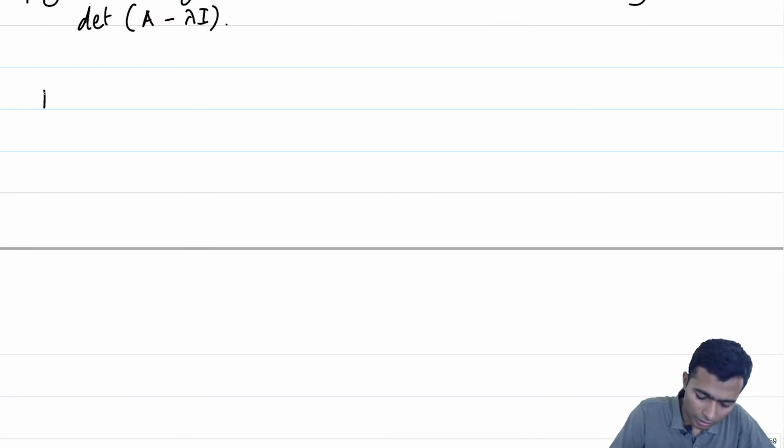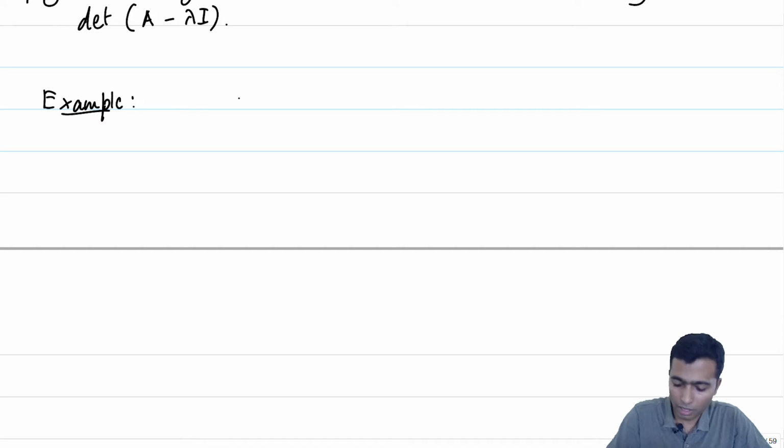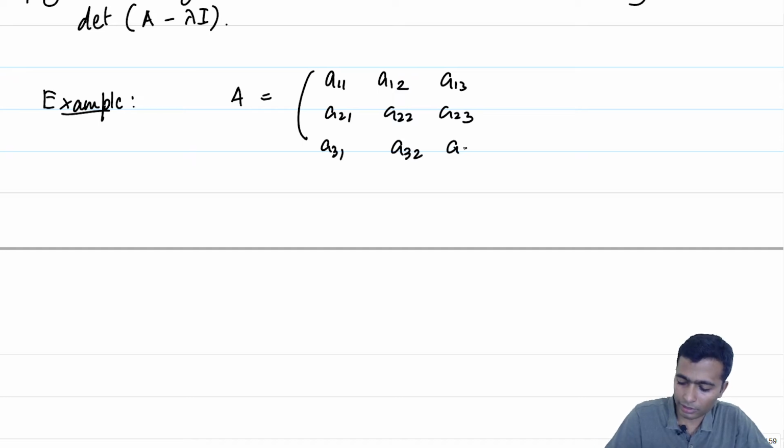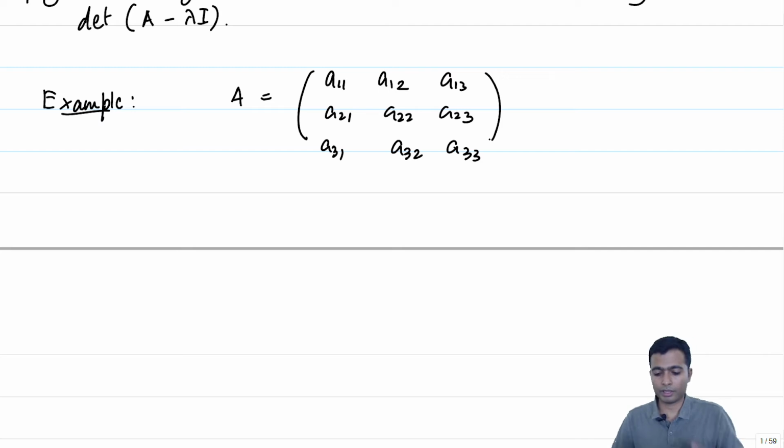Let's look at an example. Take some arbitrary 3 cross 3 matrix with entries A11, A12, A13, A21, A22, A23, and A31, A32, A33. Suppose this matrix is given.